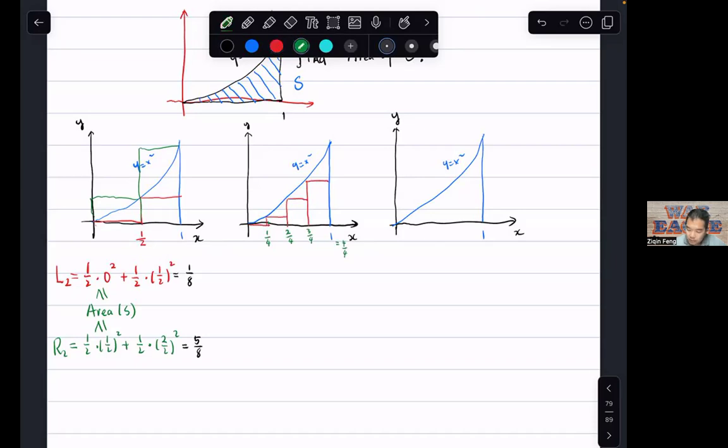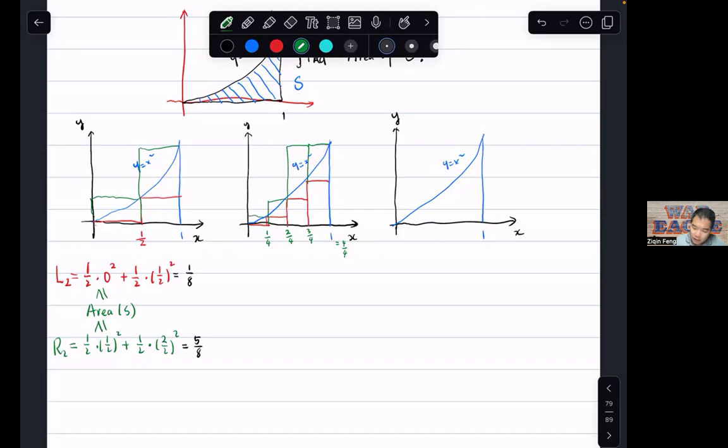Also, we can use right endpoints to form another 4 rectangles. The area of the region lies in between them, right? Because the green region contains S as a sub-region, and S contains the red region as a sub-region, right?